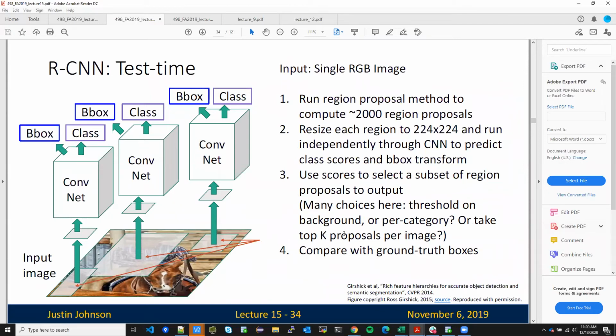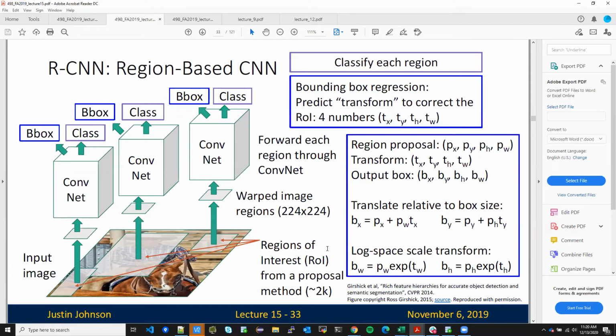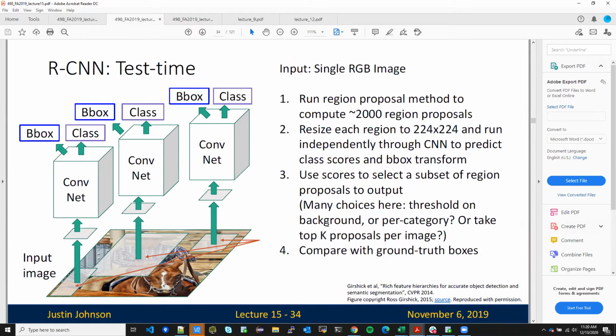Now this is during training time, and then during test time, you would have to do this again. You would generate 2,000 proposals on the test image, resize them, pass them through the convolution network, and get the final bounding box and the class.